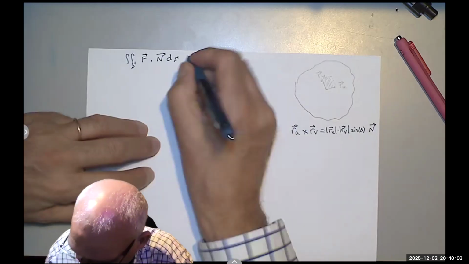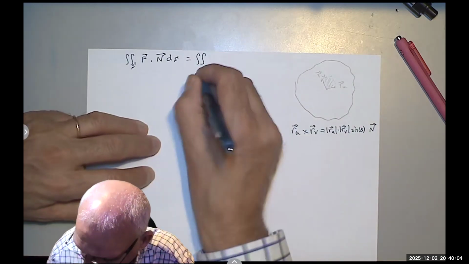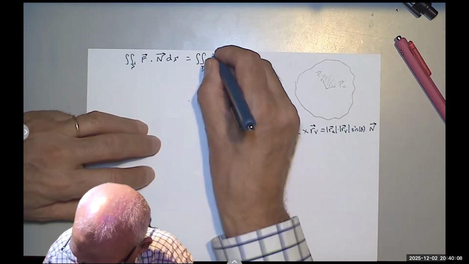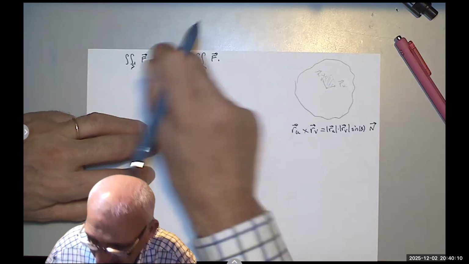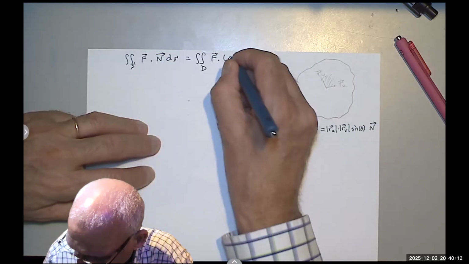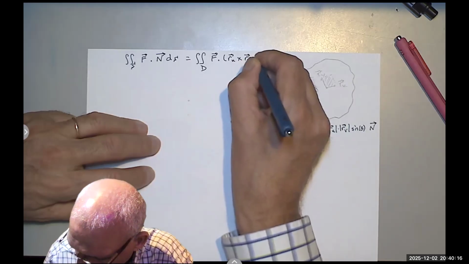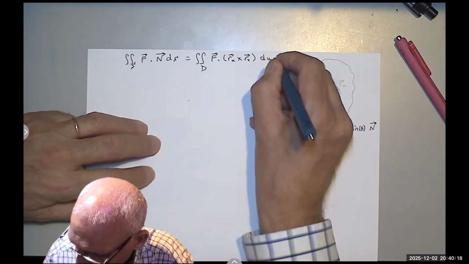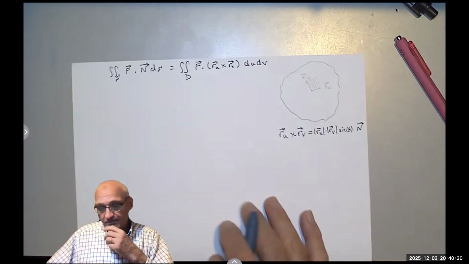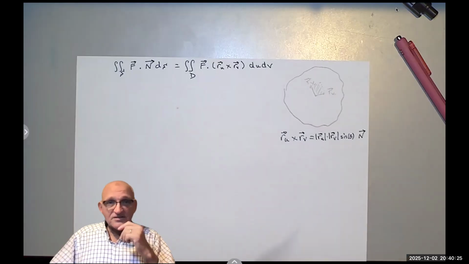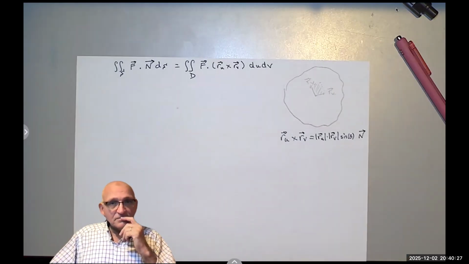So that basically will give me a double integral over this domain of F dot, instead of writing n dS, it's basically R sub u cross R sub v du dv. And that's the fifth step, to take the integral.